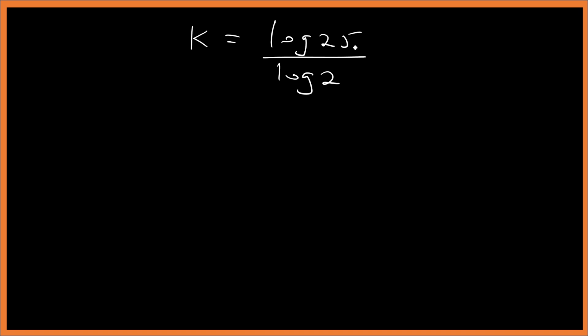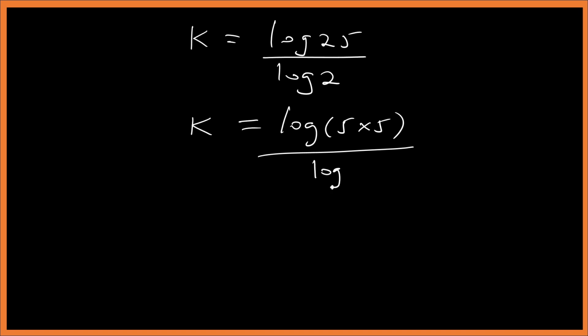Now, can we reduce this? 25 is the same as 5 times 5, so we can make this log of 5 times 5 on log 2. So 5 times 5 is 25.